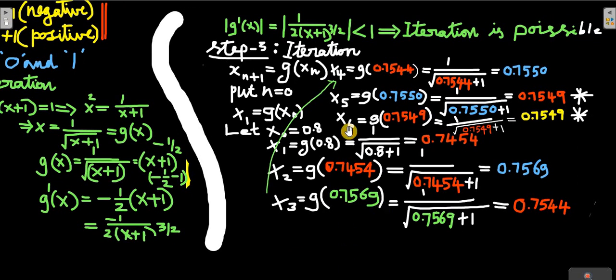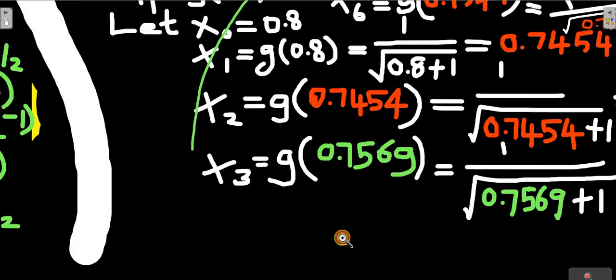சரி இப்போ x6ங்கிறது என்ன அப்படின்னா g of x5. x5 அப்படிங்கிறது 0.7549. இப்போ அந்த வேல்யூ இங்கே போட்டால் x6 என்ன கிடைக்கும்? g of x5 here is 0.7549, so அதை substitute பண்ணுங்க, we will get x6 equals g of 0.7549. அது இடம் இல்லாதனால நான் இப்படி போட்டிருக்கேன்.